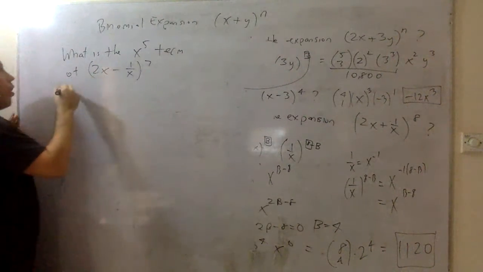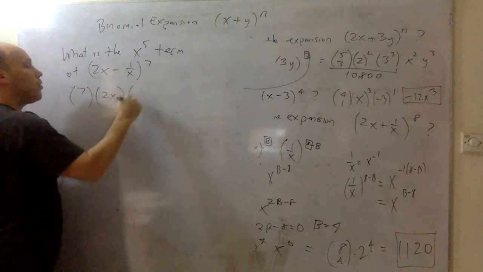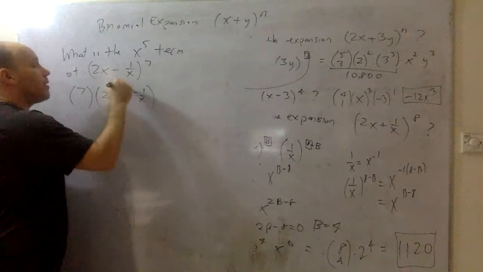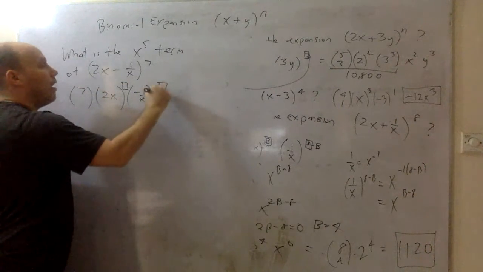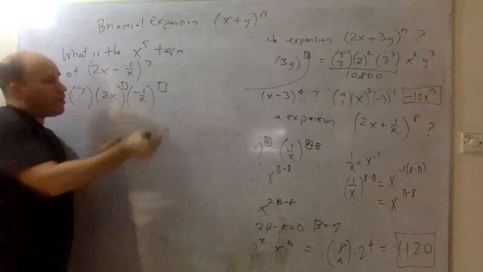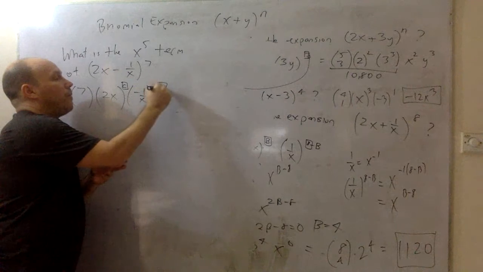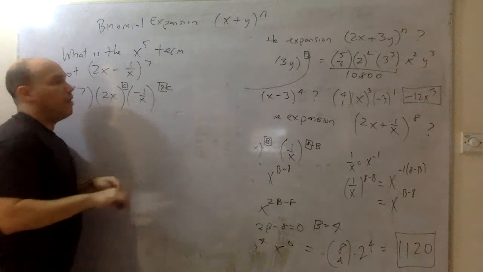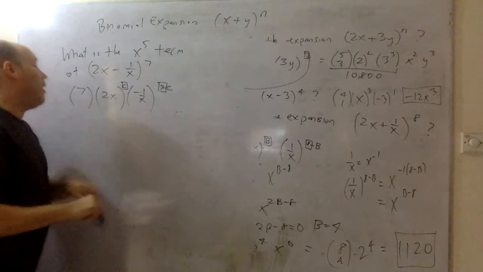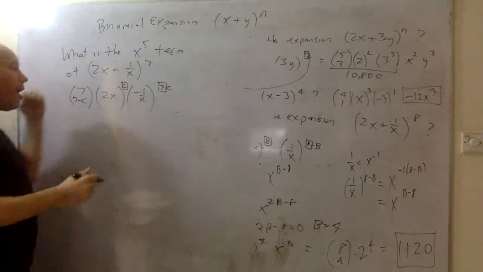Okay, no big deal. So I have 7 choose something, 2x to the something, negative 1 over x to the something. Let's use the letter C. This is C. This is 7 minus C. Let's pull all the junk out.